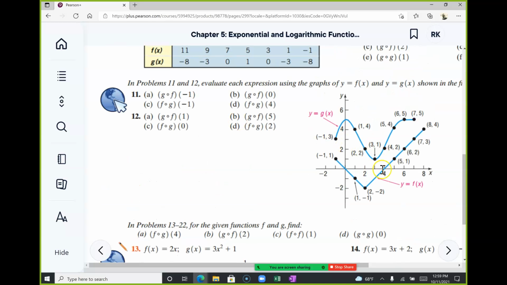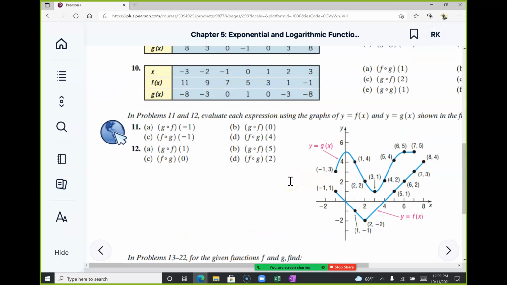They do the same thing with a graph. It's just looking at the heights for outputs and x's for inputs and heights for outputs. Same thing. Does anyone want to do one of those? Anybody want to pick one that we can do? Number 11. Let's do C. Nice. So F composed of G of -1. So my original input is -1.